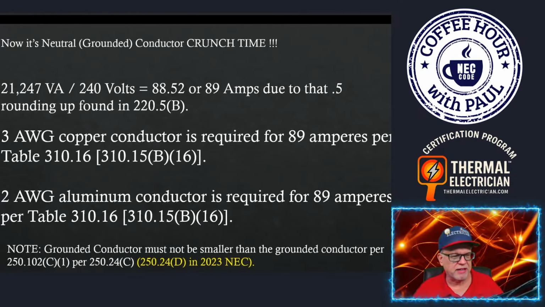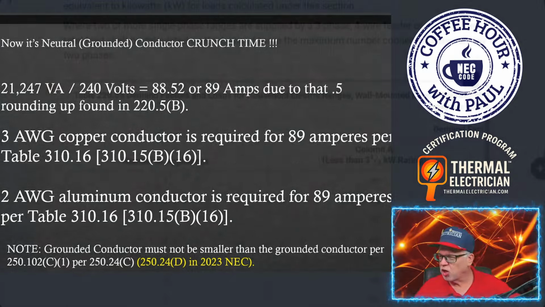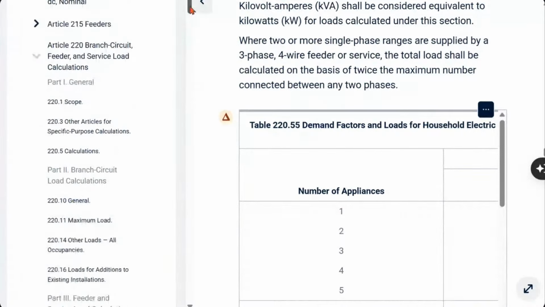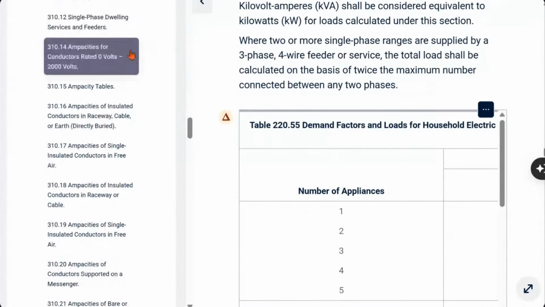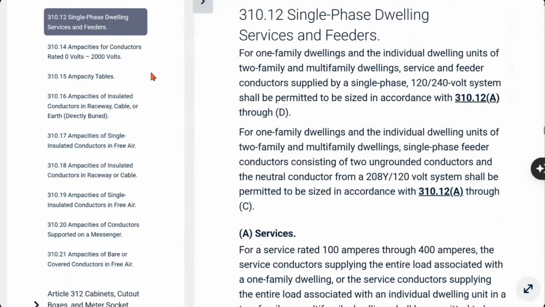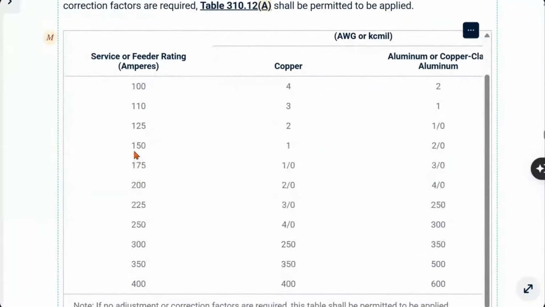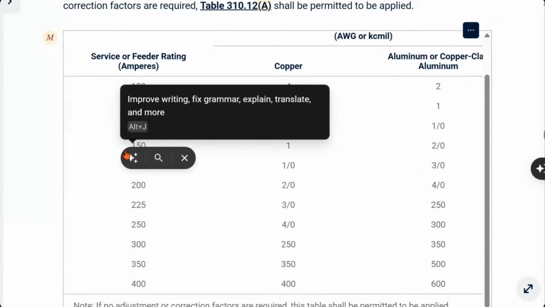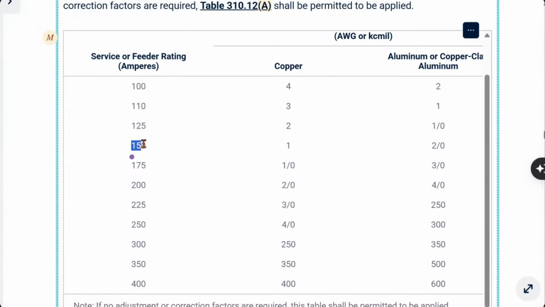So let's go look and see how this holds true. I'm just using a rule of thumb for you in the field. Let's go to the code really quick. I want to look at 310.12 again, and let's see if we can play a little here. So here's the 150 that we said we were going to have. So it'd be a 1 copper.